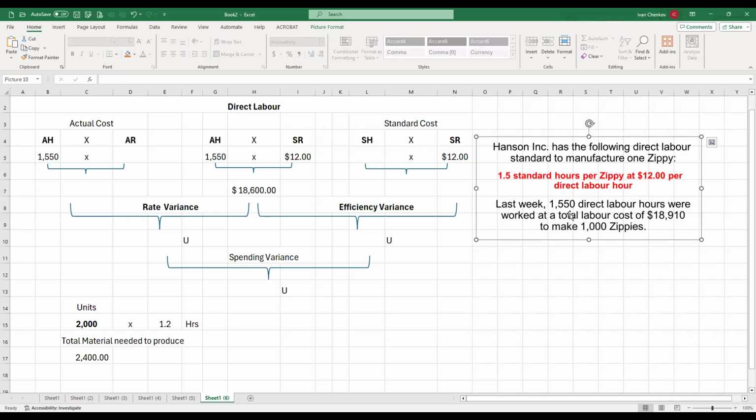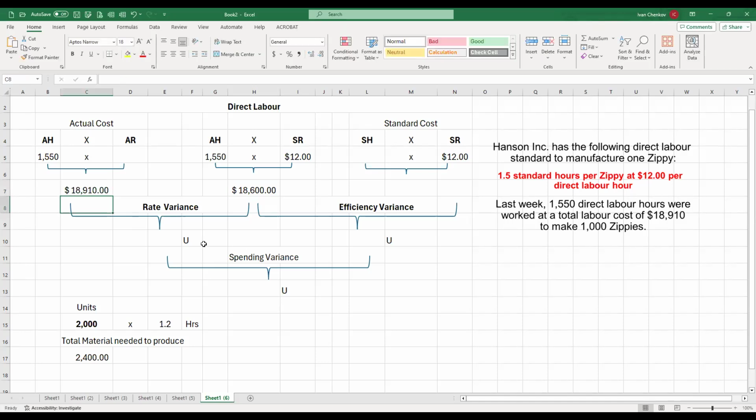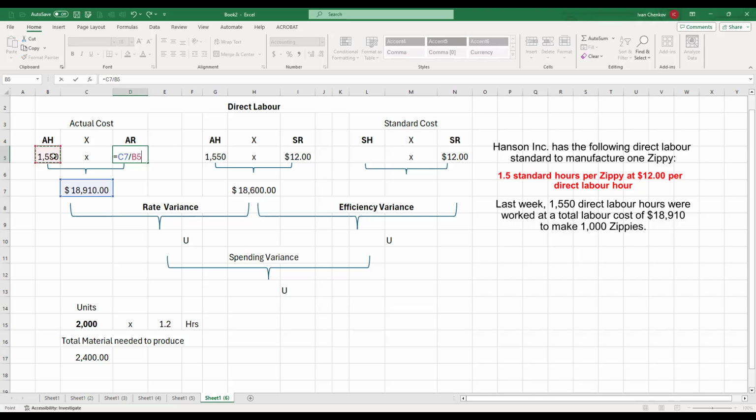From the question now, for those 1,550 direct labor hours, how much actual cost did we pay? 18,910. That's our total cost, correct? Total actual cost. So from here, can I get actual rate? Yes, with a division. This one divided by hours is going to give us $12.20.